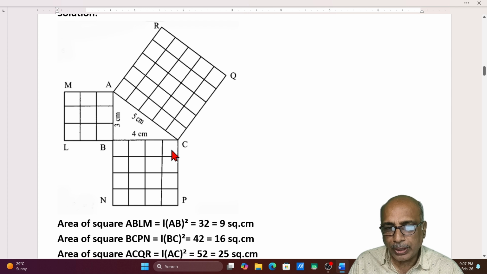And for 4 centimeter, 4 by 4. Now count how many are here? 1, 2, 3, 4, 5, 6, 7, 8, 9. 9 square centimeter area is there. For here, it will be 25 square centimeter. And for here, area will be 16 square centimeter.